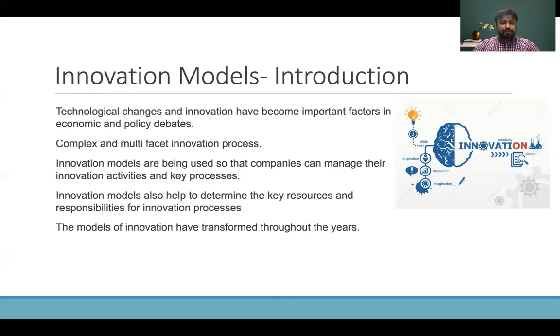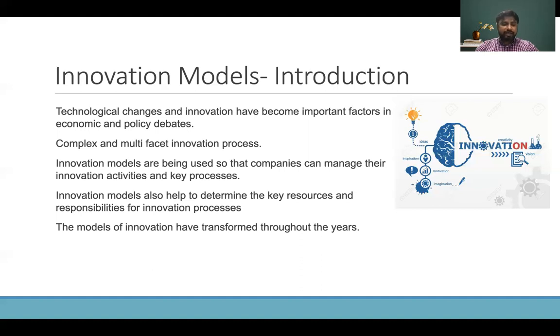But the understanding of the process of innovation at firm level has evolved throughout recent decades, from simple linear to sequential and to increasingly complex models which embed a diverse range of inter and intra-organizational stakeholders and processes. If we talk about the innovation process, it has a very dynamic character. Therefore, innovation models have been used to manage the innovation in companies.